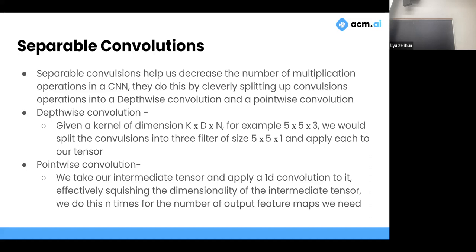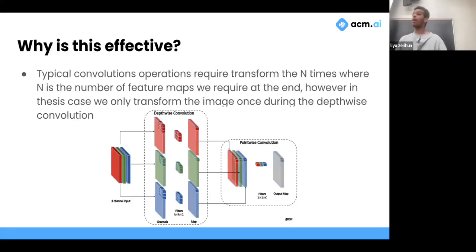This will help us reduce the number of operations that we need. If anyone is wondering why it is so effective, it's because we're only transforming the image once. If you remember, for a normal convolution, if n is the number of feature outputs that you want, you have to apply the kernel n times, so you have to transform the image n times.